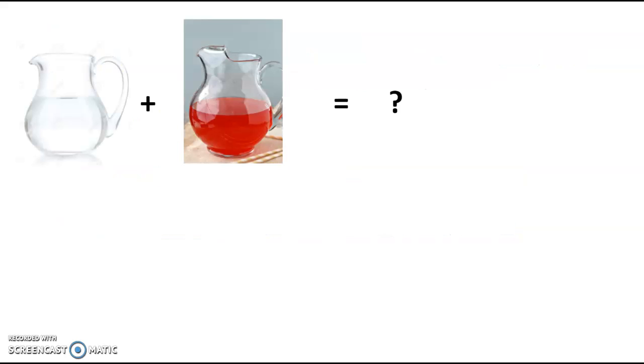All right, the last bit that I want us to consider is what happens if you take a solution and you add more water to it. Most of us have an intrinsic feel for this, right? If I take your Kool-Aid or your Gatorade or your apple juice, and I dump a bunch of extra water into it, what happens?